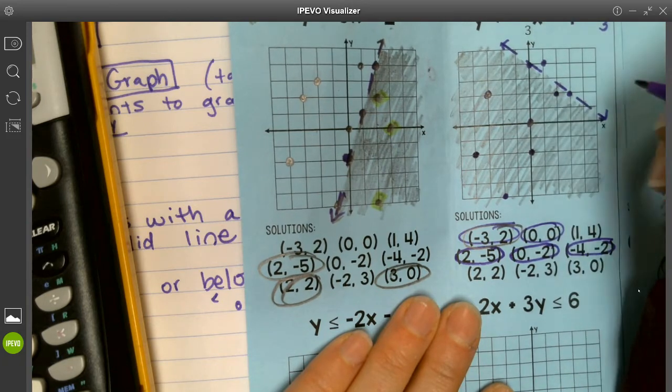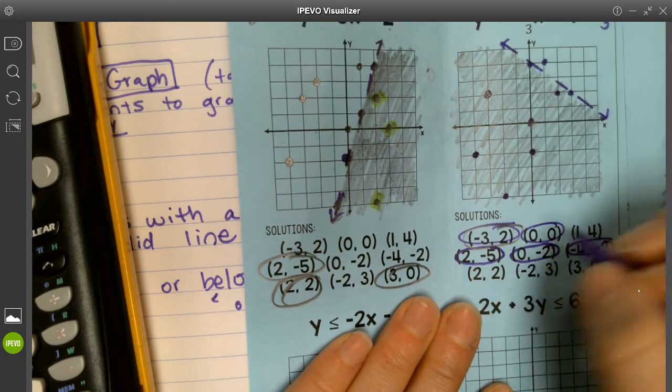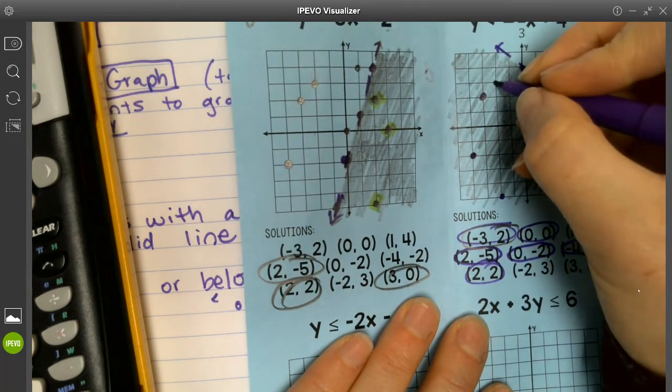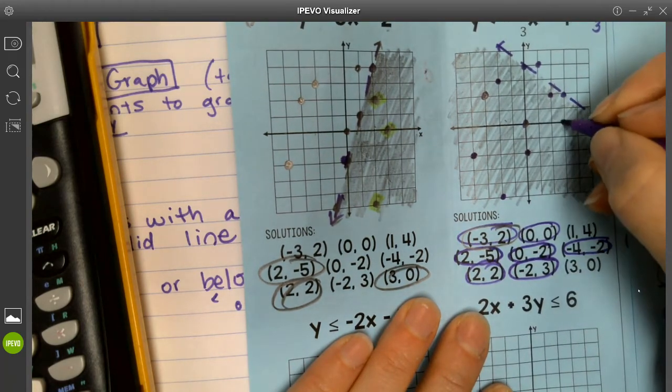Really close to the line, but it's still in the shade area. It's not on the dashed, so we're good. Negative 2, 3. 3, 0.